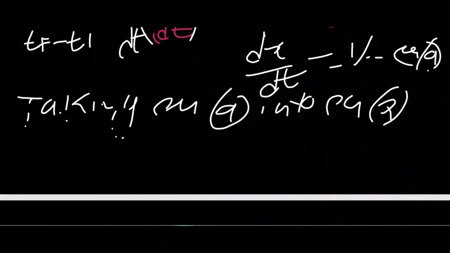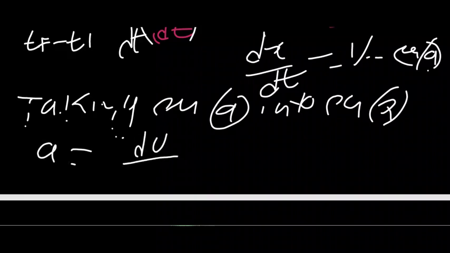So what are we going to get if we do this? This is what you're going to get here. That one is going to be acceleration, so acceleration is actually equal to dv dt. So that's what we're getting.